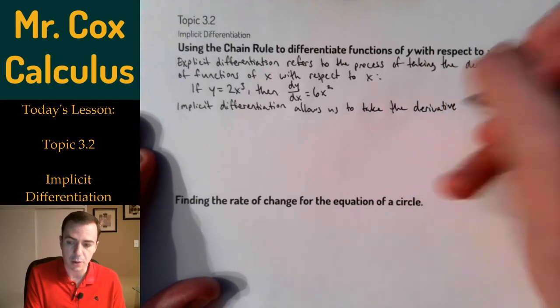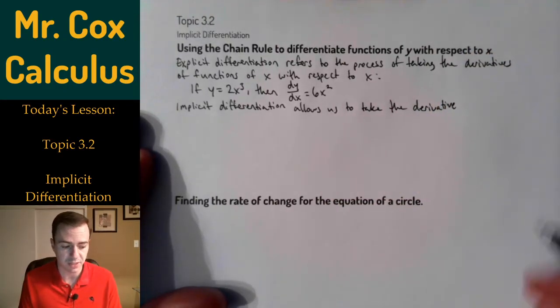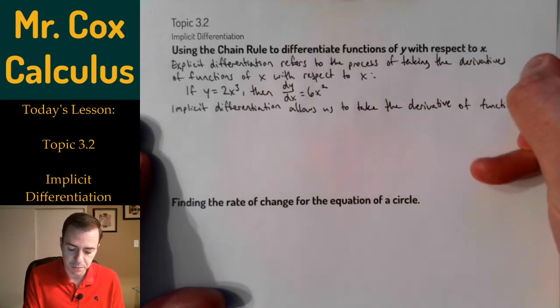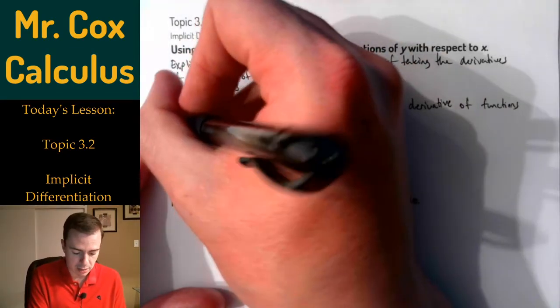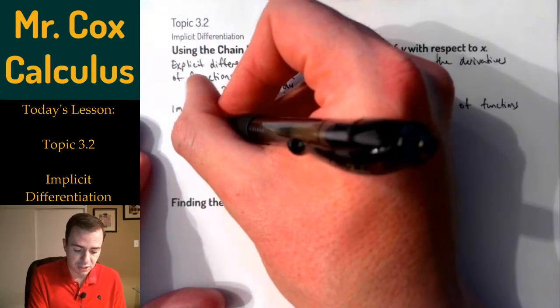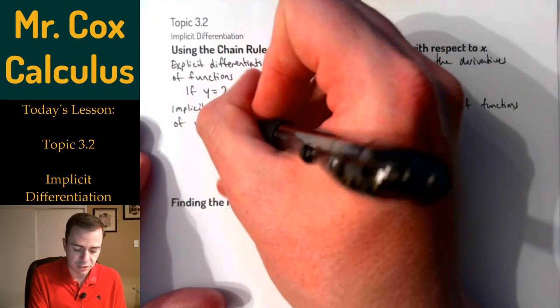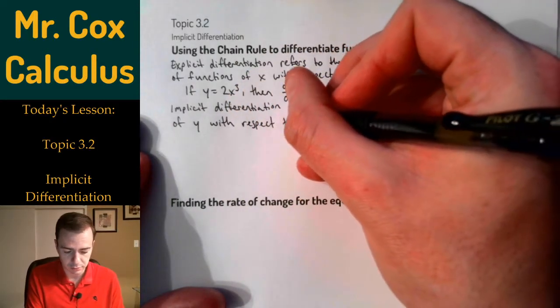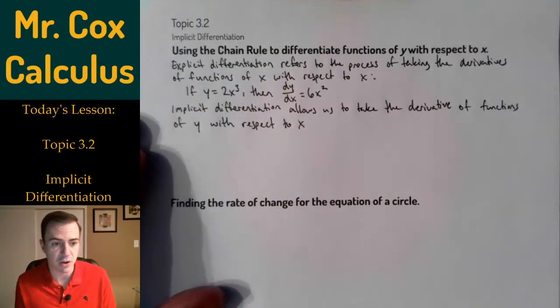In particular, it's when our derivative rules prompt us to take the derivative of functions of y. And we'll still be able to do that with respect to the independent variable, with respect to the variable x.